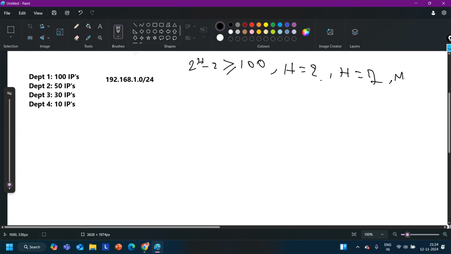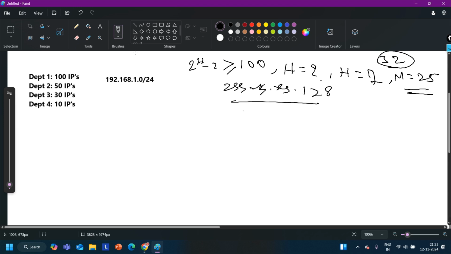So if h is 7, then n will be 32 - 7 = 25. 25 is the network bits, right? Means the subnet mask is going to be 255.255.255.128, right?